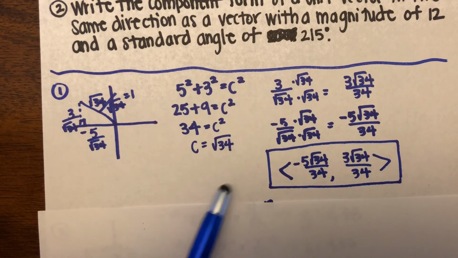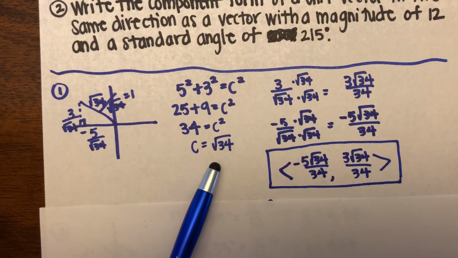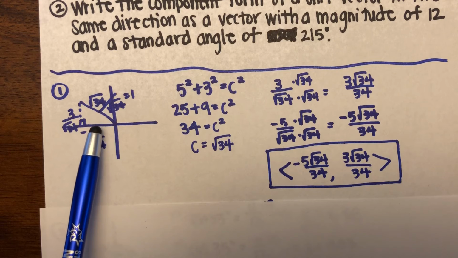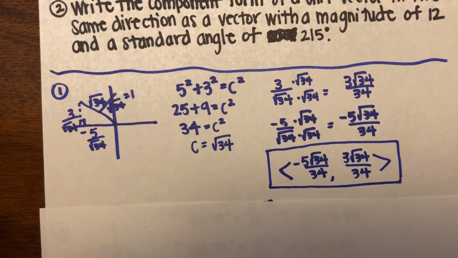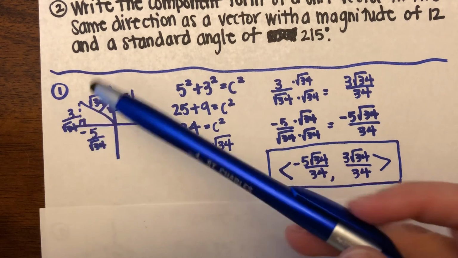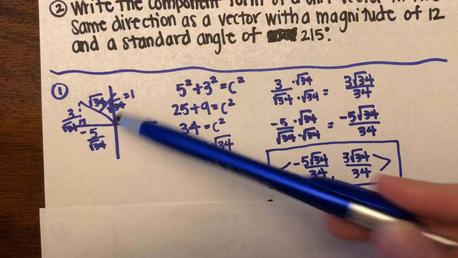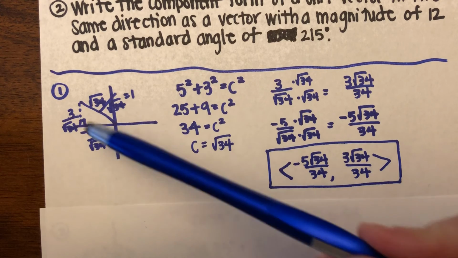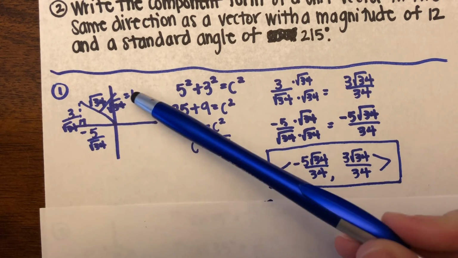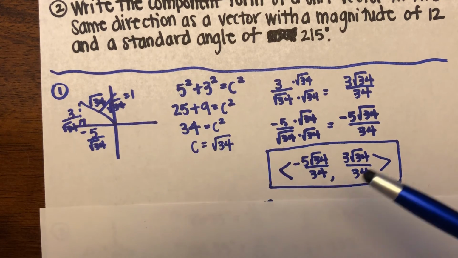Over here, I did the Pythagorean theorem to find that the hypotenuse length, or the magnitude of the vector, was the square root of 34. So now that we know that the hypotenuse length is the square root of 34, we could divide all three sides by the square root of 34 to rescale or resize my vector to be a unit vector 1 unit long.